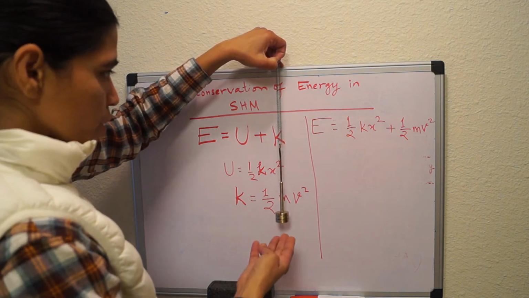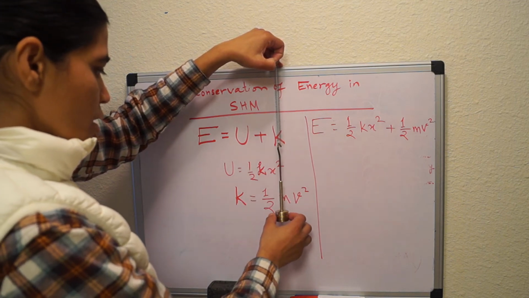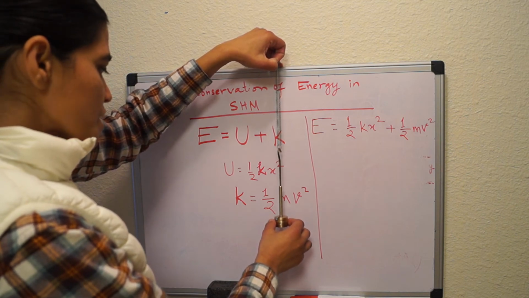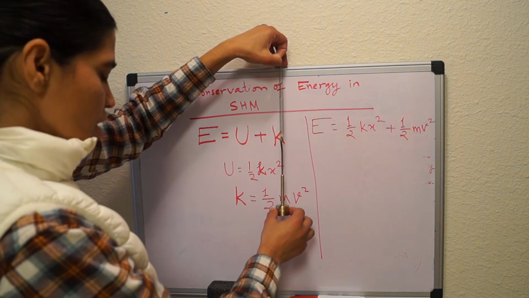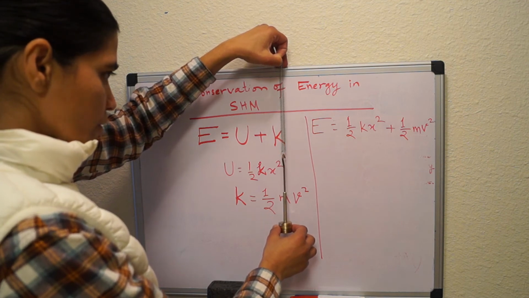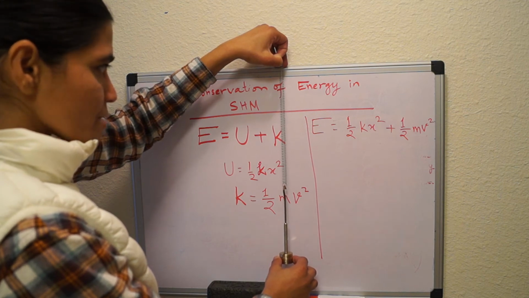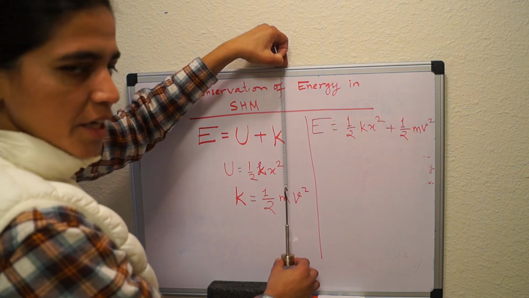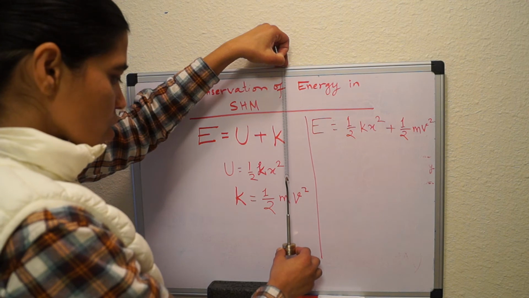At the top we have potential energy, and no kinetic energy because it's not moving. As it goes down, it starts to move really fast, and then at the bottom it has maximum potential energy, but kinetic energy is zero there, so it momentarily stops there. Then it goes back again.